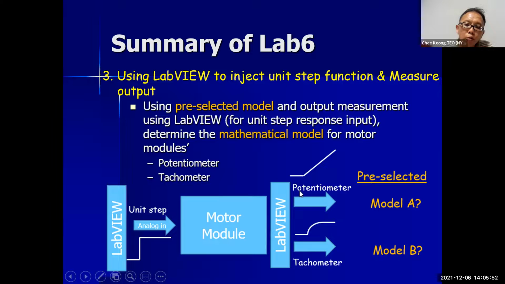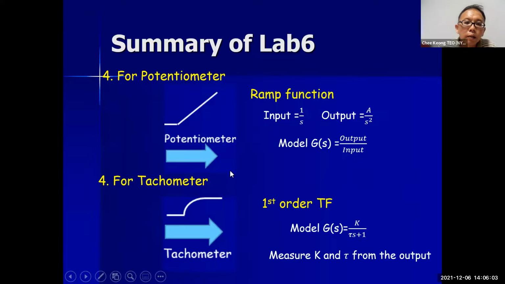So here, for the potentiometer, you got a slope up, a ramp signal, and for the tachometer, you got a first order equation, right? And of course, for the potentiometer, your input is 1 over S and output is whatever magnitude of your ramp function divided by S squared, because 1 over S squared is actually a ramp function. So your model is gotten by output divided by input.